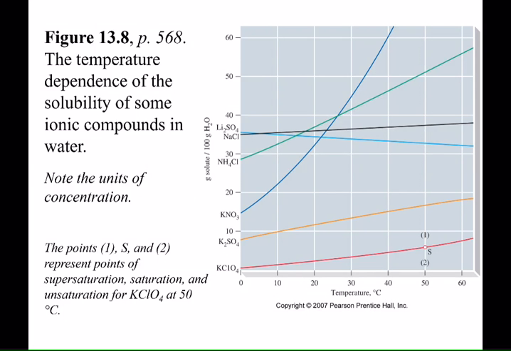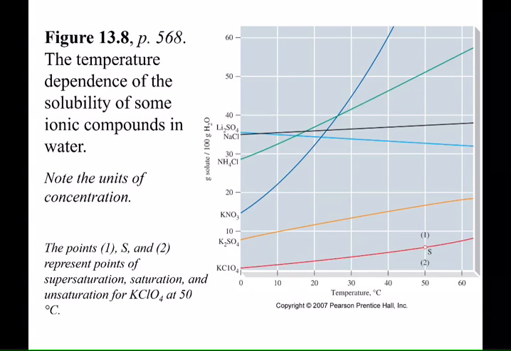Here is a slide. There are 6 lines here. Each line represents a different substance. Along the y-axis is the solubility in grams of that particular salt per 100 grams of water, and along the x-axis you have temperature. Just like our sugar, usually when you increase temperature, what happens to solubility? It goes up.